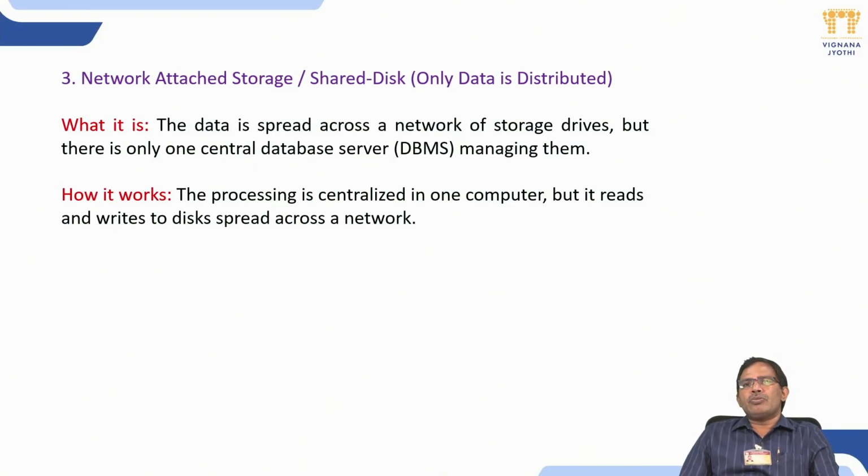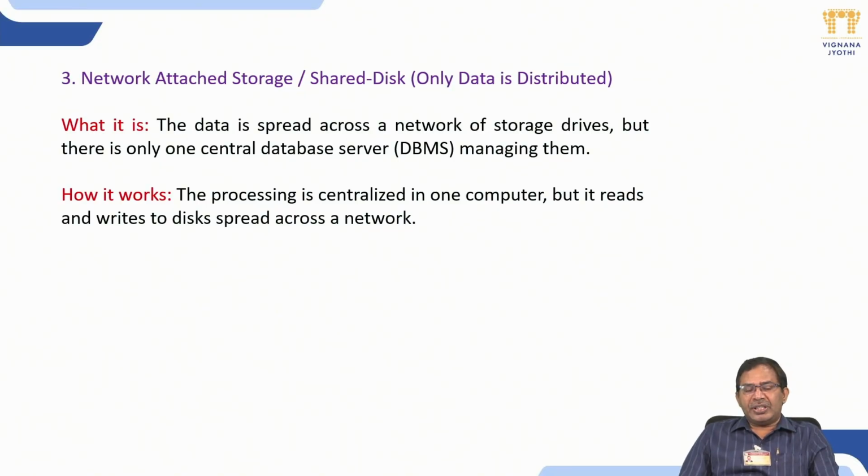Though data is distributed into multiple physical locations, whenever a user submits a query at an individual location, this query has to be forwarded to the single central server where the processing facility is available. The data is spread across network storage drives, but there is only one central database server to which these queries have to be submitted, received from the different users across the world.